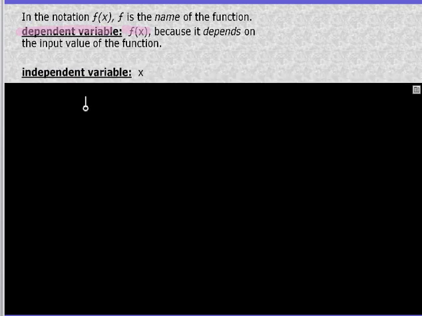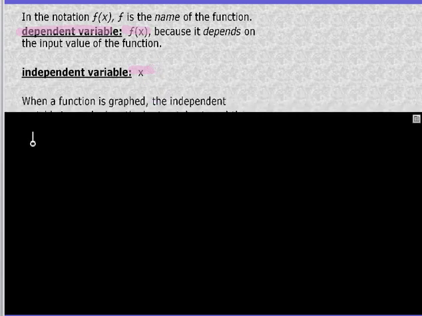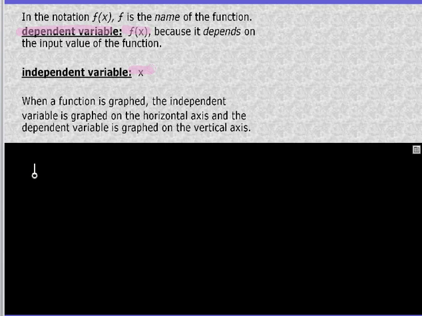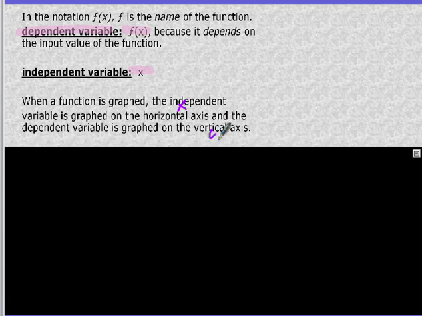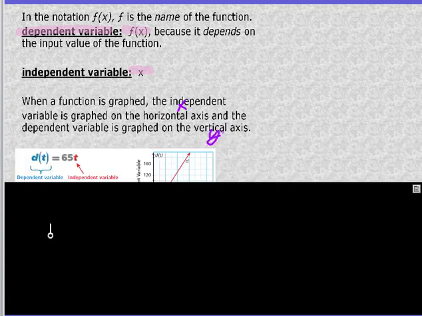Your independent variable then is x. You can make x anything, and it doesn't depend on y or f of x or anything else for its value. So when a function is graphed, the independent variable is graphed on the horizontal axis, which we normally call the x-axis, and the dependent variable is graphed on the vertical axis, which we normally call the y-axis.